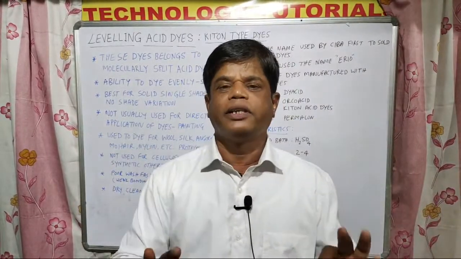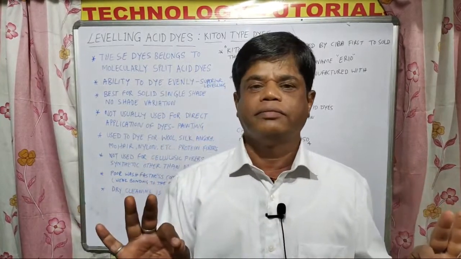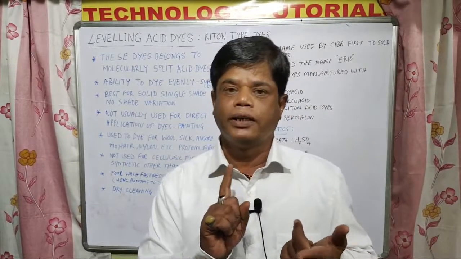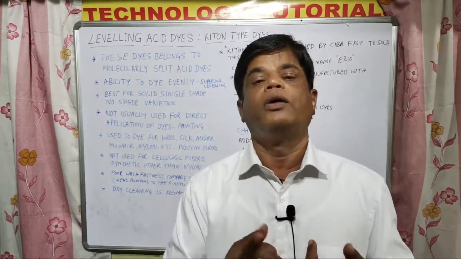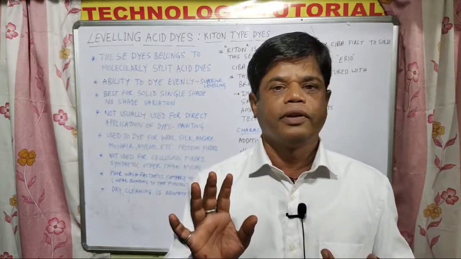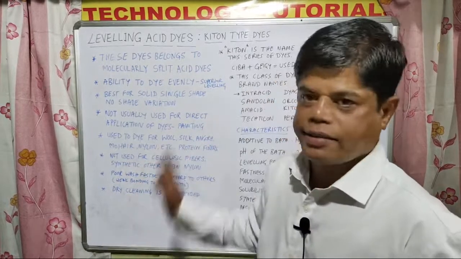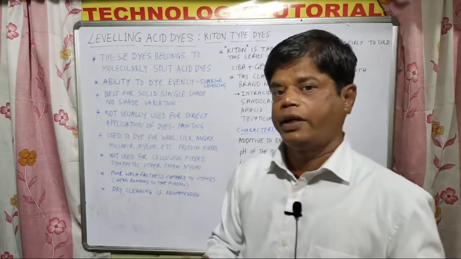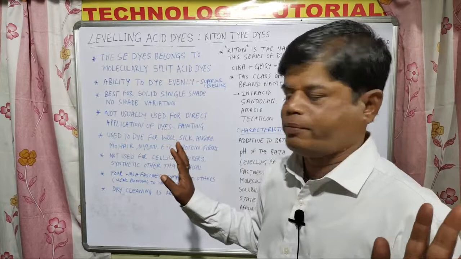These leveling dyes are best especially for protein fibers like wool, silk, angora, mohair, and synthetic fibers like nylon. They are preferred for solid color, heavyweight products where no variation is required.